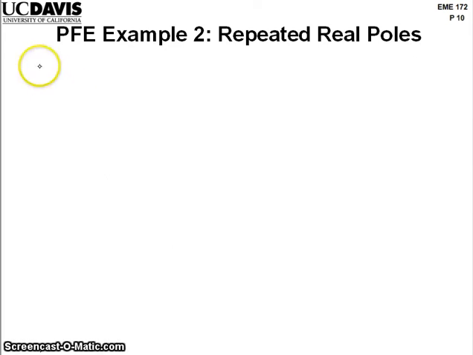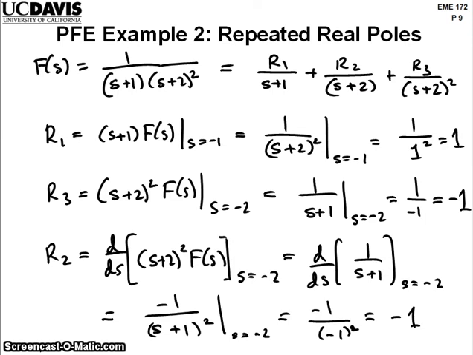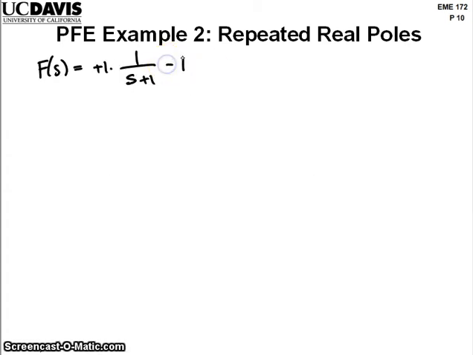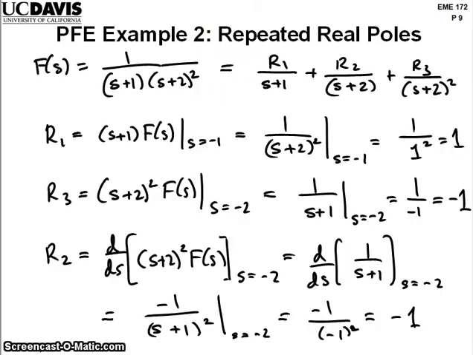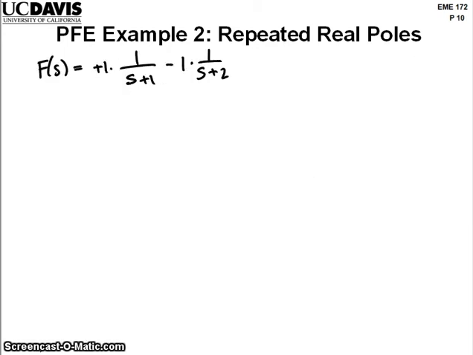So we end up with F of s equals plus 1 times 1 over s plus 1, and minus 1 times 1 over s plus 2, and minus 1 times 1 over s plus 2 squared.